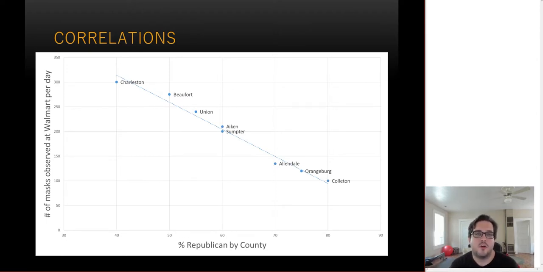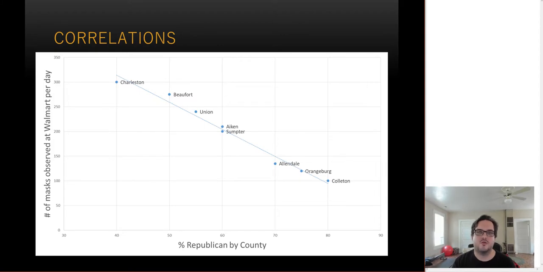Well, when you start graphing these points out like this, you can start to identify trends in the data, whether one thing seems to change systematically with the other thing. So is the percentage of Republicans in a county related in some way to the number of masks observed?